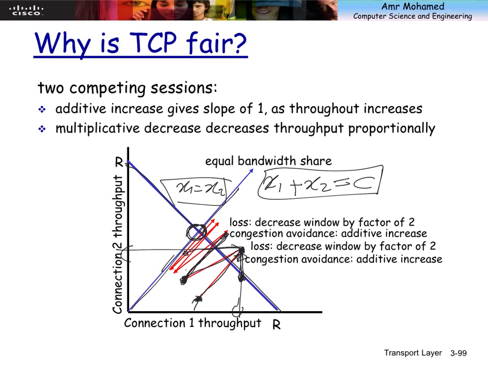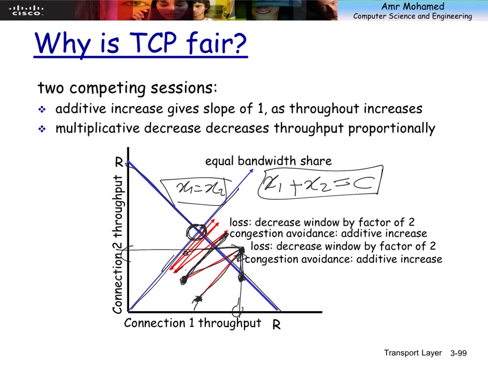And then if there is an event of packet drop or 3 duplicate acks, then you will get to half the window size on both connections, and you will keep doing that. And as you can see, you always approach the x1 equals x2 line.